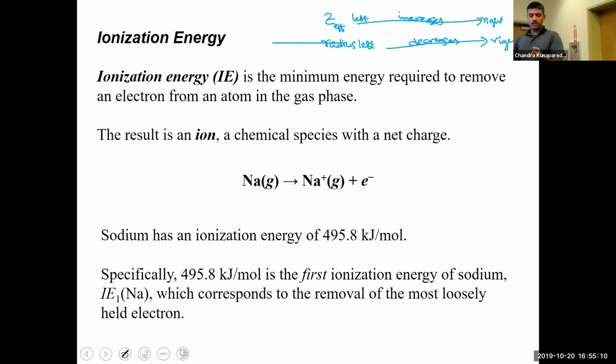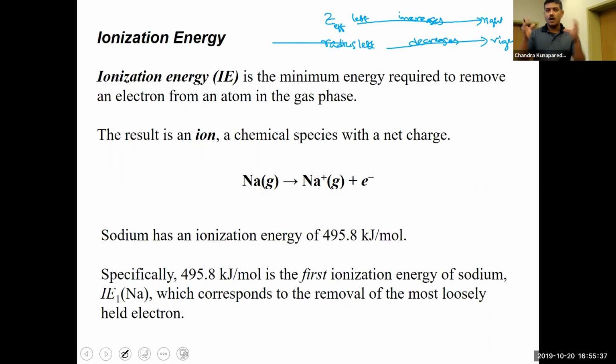As a rule of thumb, if an element has a smaller atomic radius, it has greater attraction between its protons and an electron, which means it demands large energy to break that attraction. So a smaller radius needs greater ionization energy to remove an electron from its outer shell.